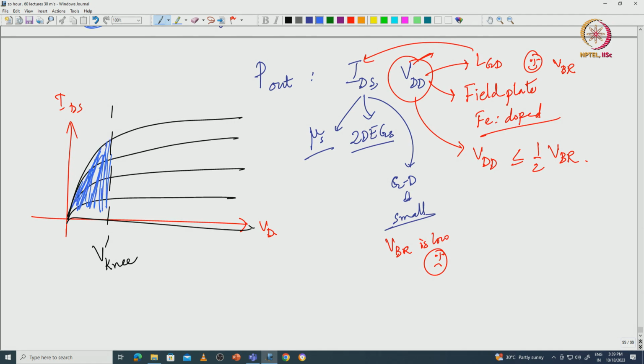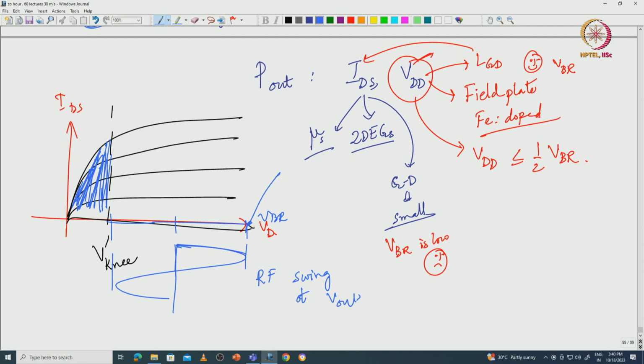You do not want this region, and of course your breakdown will come here, could be 50 volt, 100 volt, etc. So this is the allowable swing that you are going to get in the output. This is the RF swing that you are having at the output, V output. Okay, this is a swing.